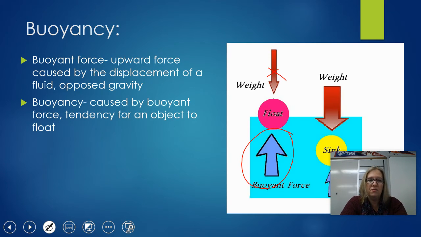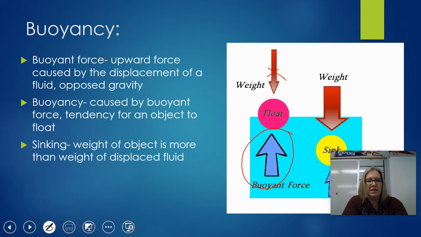Buoyancy itself is caused by that buoyant force, and that's basically just a tendency for objects to float. Not everything floats though, okay? Some things, if the buoyant force isn't big enough, okay, so we relate this buoyant force to the amount of fluid displaced. Imagine a very full bathtub and then you get into it, the water's going to overflow, right?